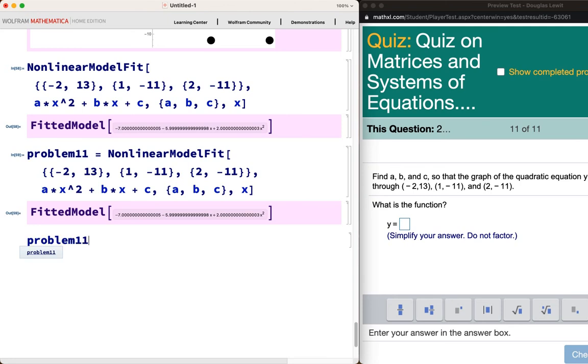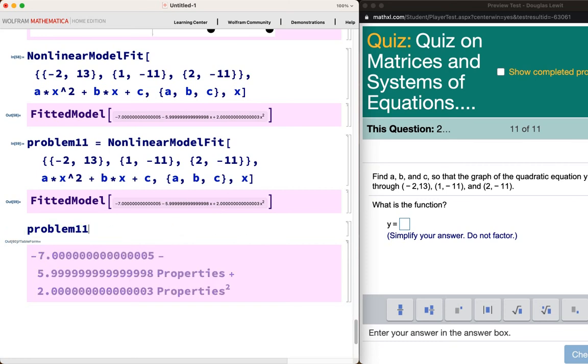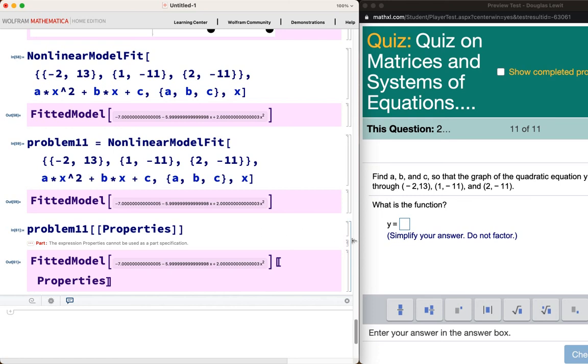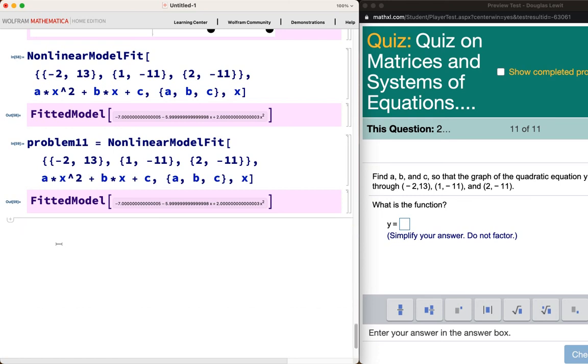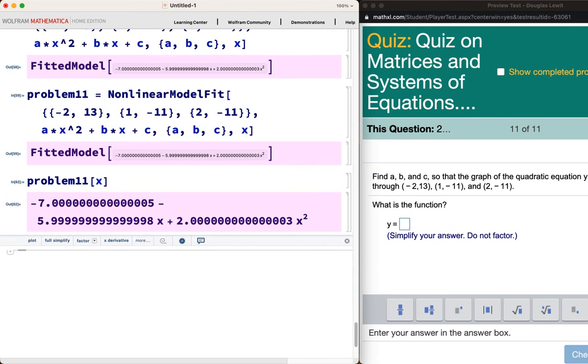So problem 11, is it best fits? Well, actually properties. I think it's properties. Oh, no, that's not what I want. Hold on one second. Okay, this is good enough for now.